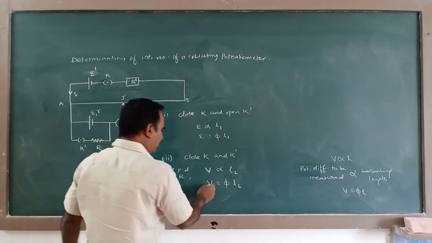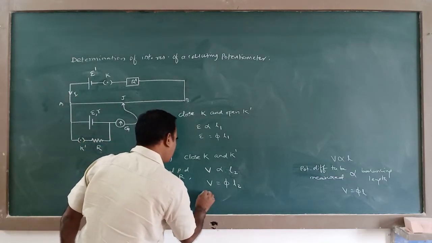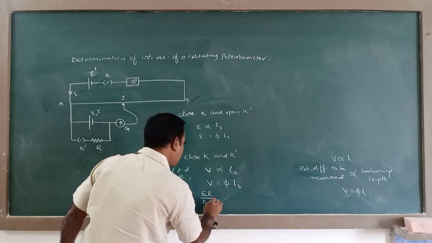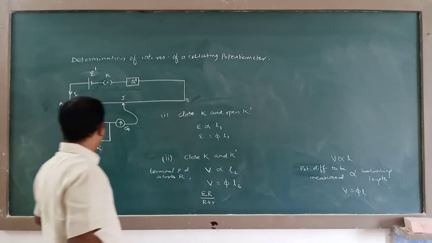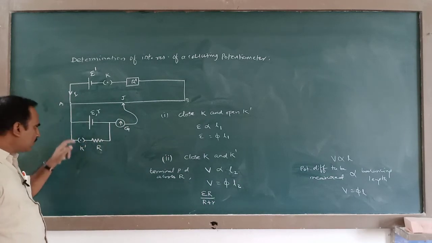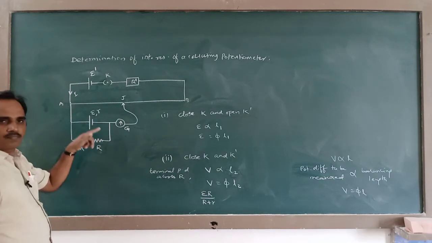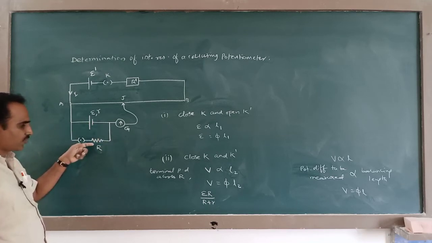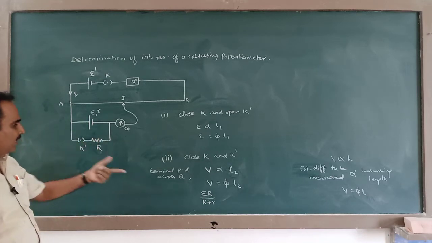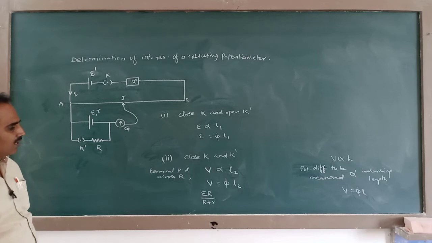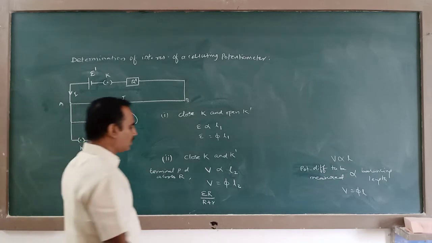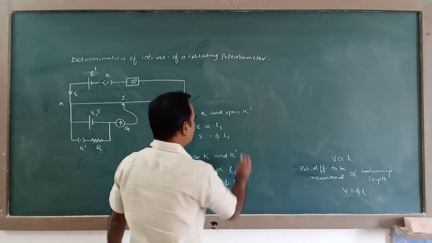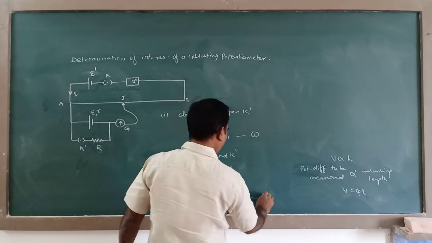So what is the formula for this terminal potential difference? ER divided by R plus r. This is the cell which drives the current in this external secondary circuit like this. So this terminal potential difference is ER divided by R plus r, and this is equal to phi L2. So this is equation 1, this is equation 2.